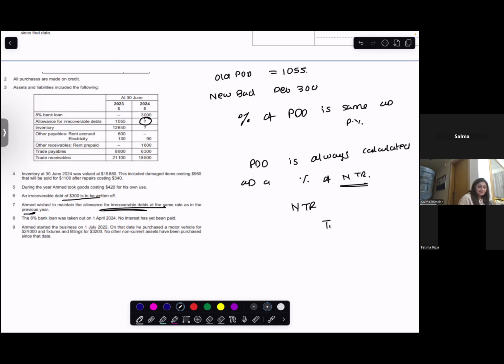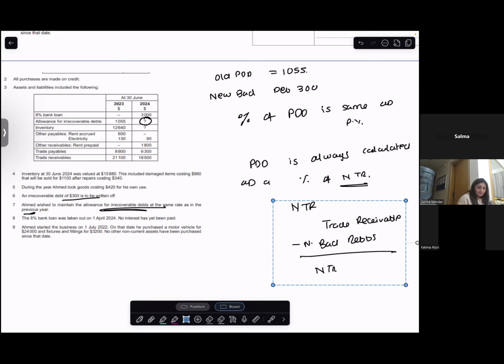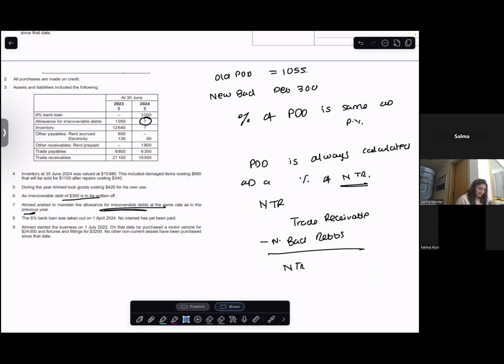I say my trade receivable minus the bad debts, the new bad debts, is going to give me my net trade receivables. This I'm calculating for the new one. My new trade receivables is 18,500. My new bad debts is 300. How do I know this is my new bad debts? Because it is given in the adjustment.